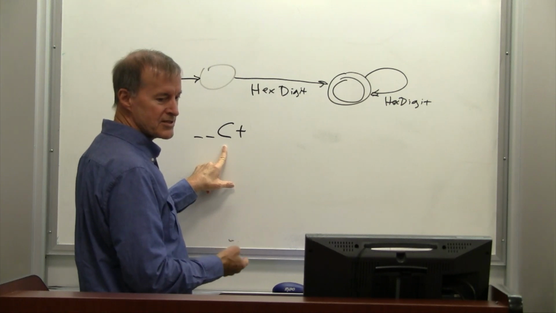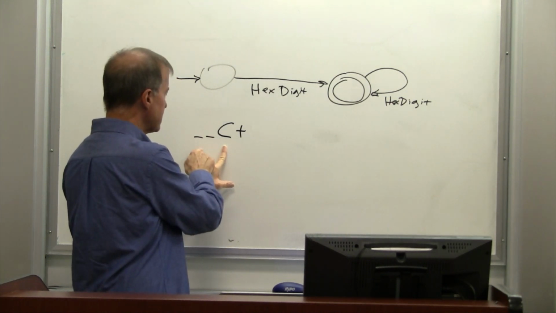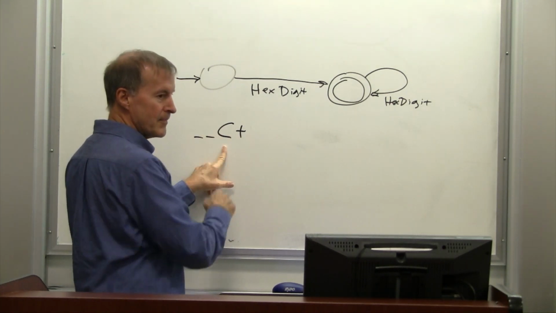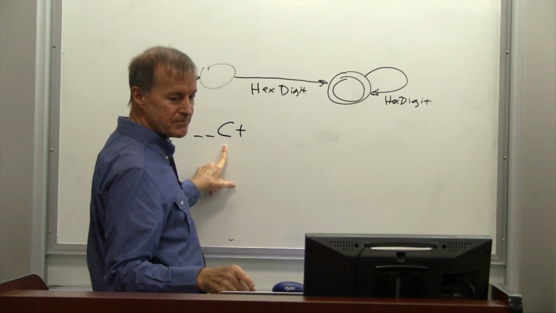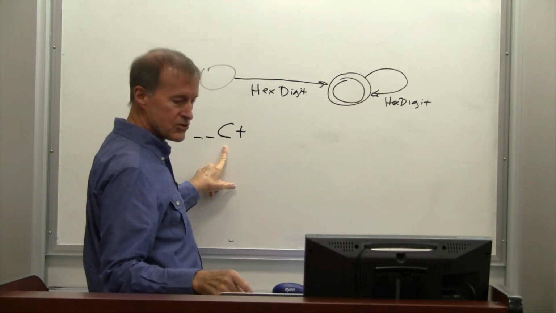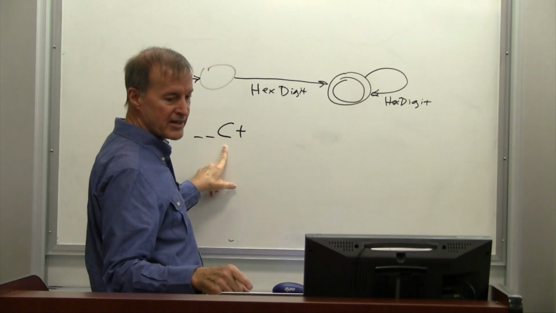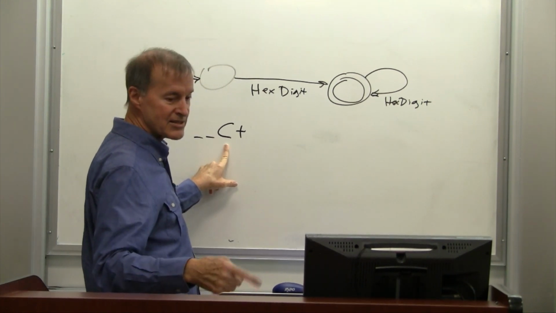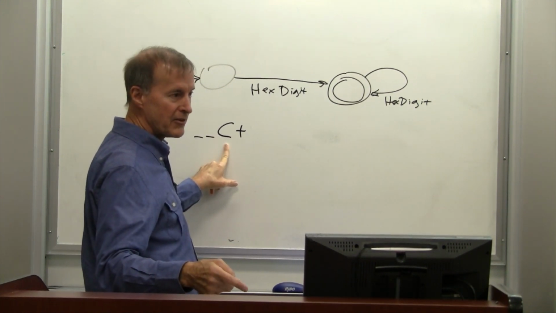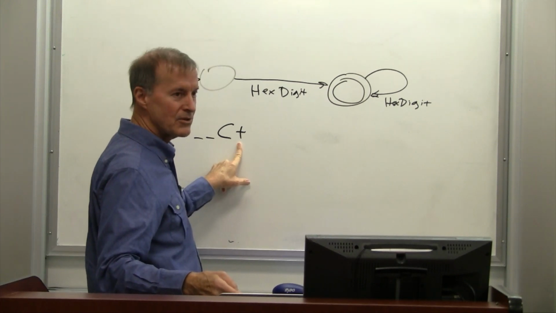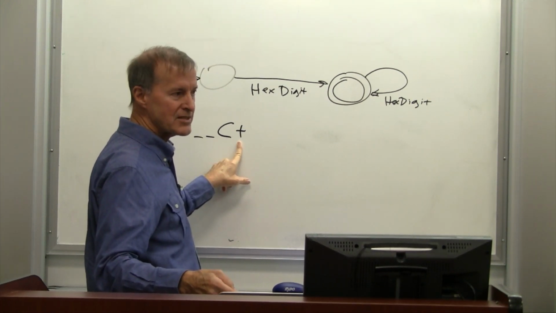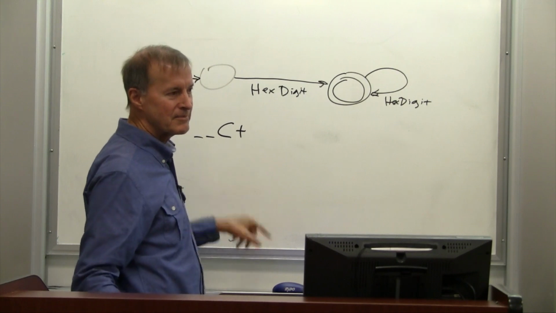It returns the C. So line index would be 2, like 0, 1, 2, right? So it returns line index dot character. It returns the C, but as a side effect, it increments line index so that the next time we do an advanced input, it will be pointing to the next one.